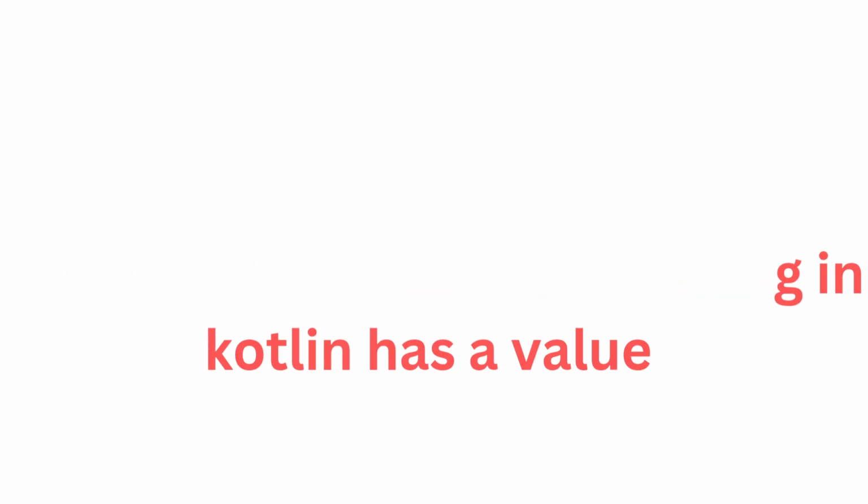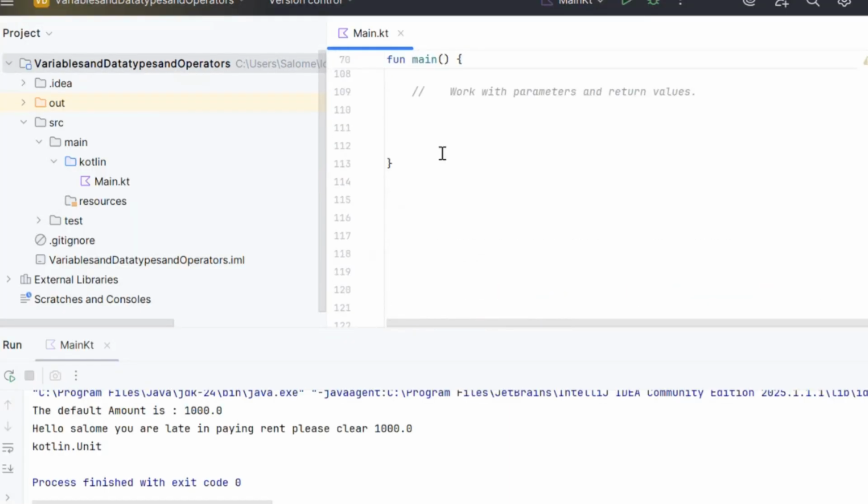Understanding that almost everything in Kotlin has a value. What does that mean? So sometimes when you're writing your expressions, you think that the expression itself does not have a value, but that is not true. Let's just take a simple example like an if-else statement.